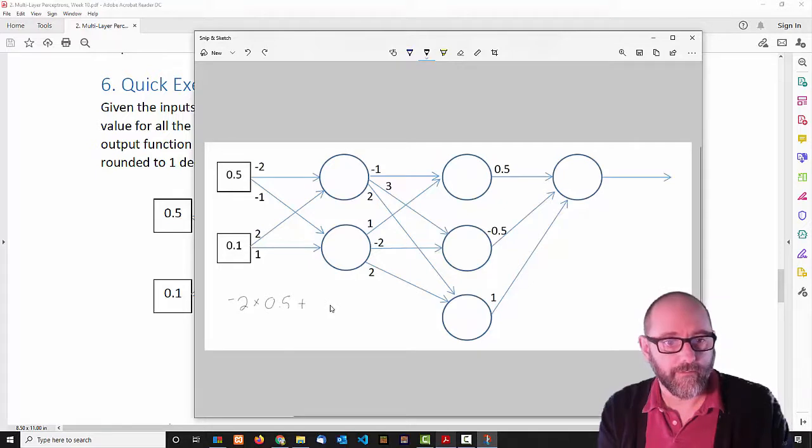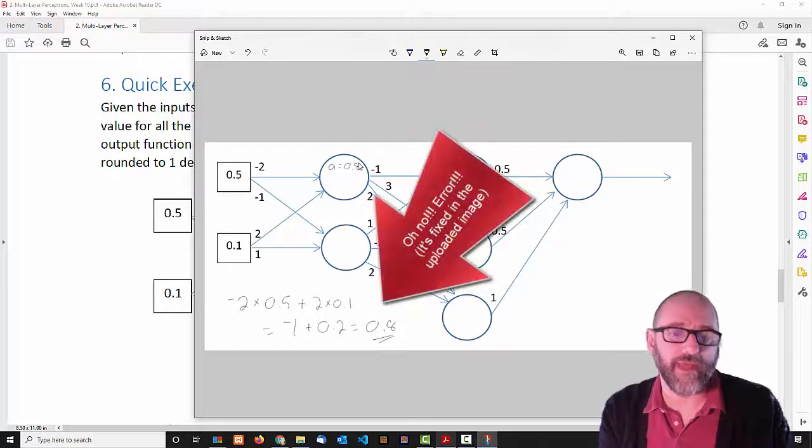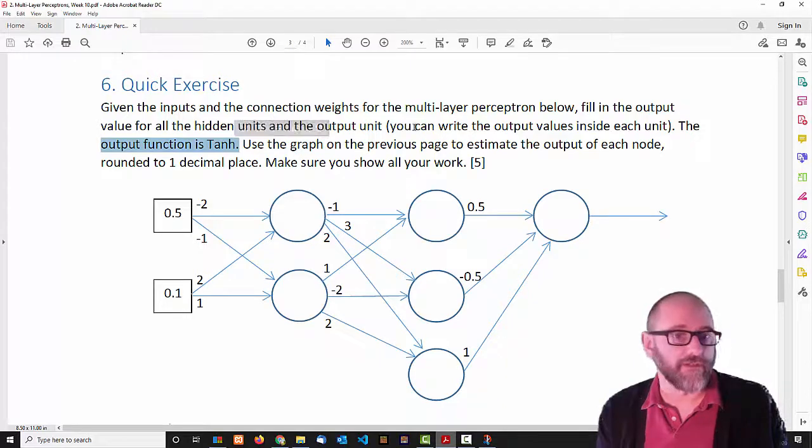Actually, yeah, that's right. 2 times 0.1, which is equal to -1 plus 0.2, which is equal to 0.8. So that's the activation for that neuron. If we want to know the output, we are going to have to find out the activation function. It says here the output function is tan h for all of these nodes.